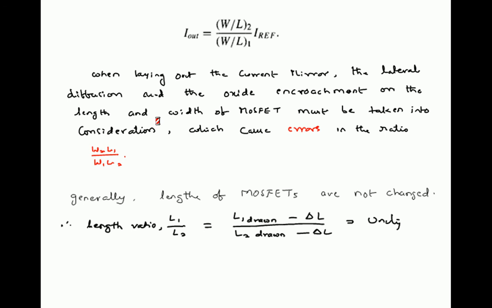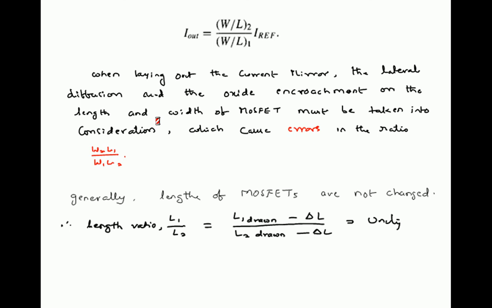So I out is equal to W by L of the second transistor by W by L of the first transistor into the I reference current. Whenever we consider oxide encroachment and lateral diffusion, there is a difference in this ratio of W by L of the second transistor to the first transistor, that is, W2 L1 by W1 L2. But we know that the lengths of the MOSFETs are fixed.